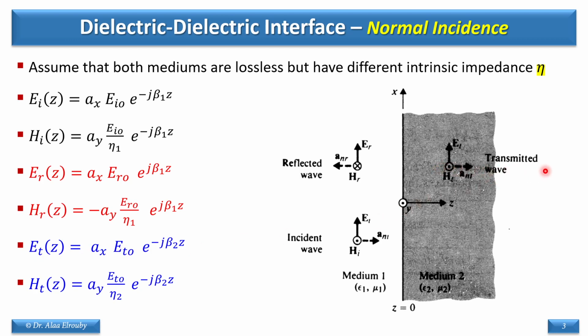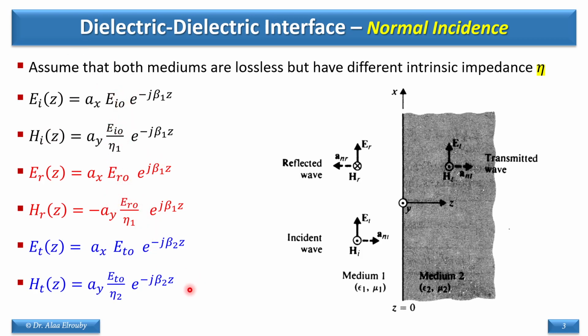It is propagating in the positive Z, so H transmitted would be in the AY direction. So we have the 6 components of the existing fields in our problem. We have 3 waves, and each wave does have E and H fields.